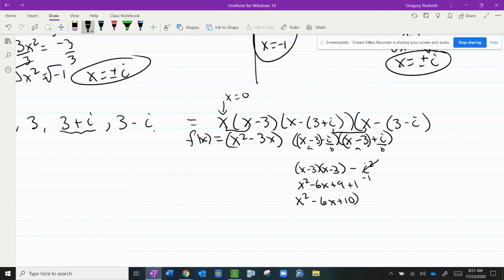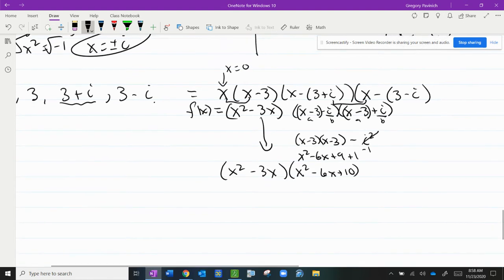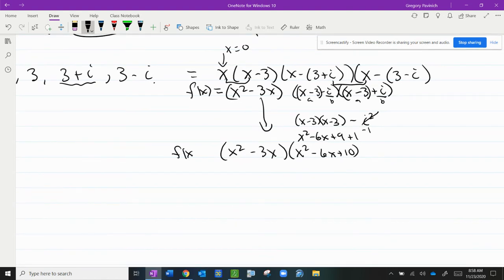And now I'm going to bring down my real. And now all I got to do is multiply these together. Remember, my goal is to get the standard form of the polynomial. Now I just have two quadratics multiplying, so I get x to the 4 minus 6x cubed plus x squared. This is where I always make mistakes. I'm going to try not to.